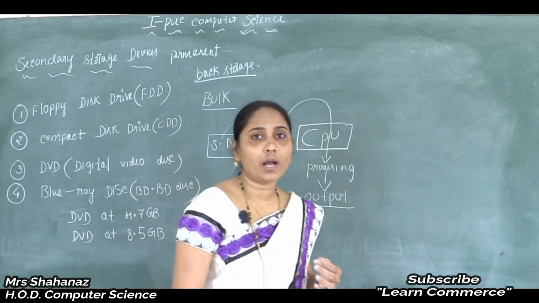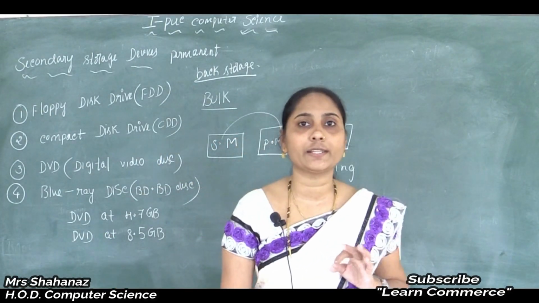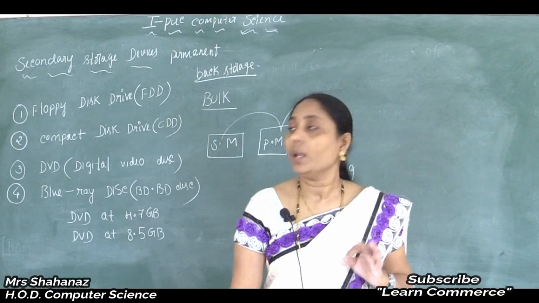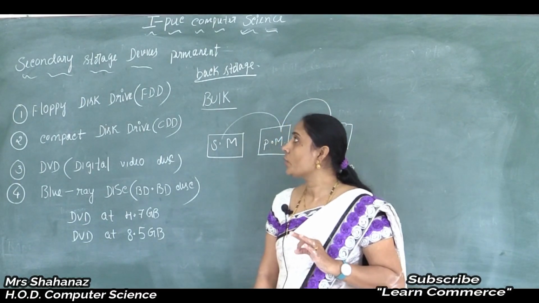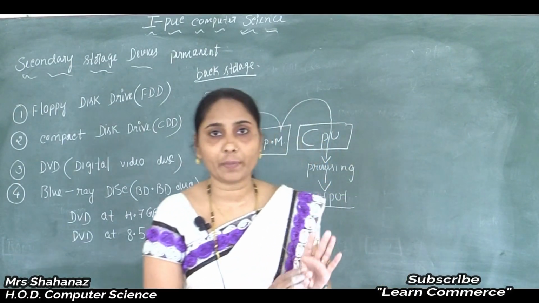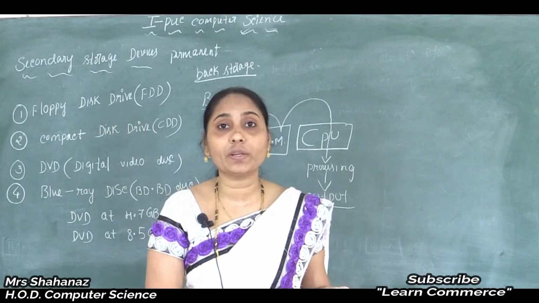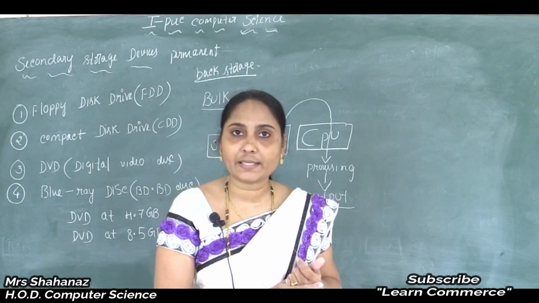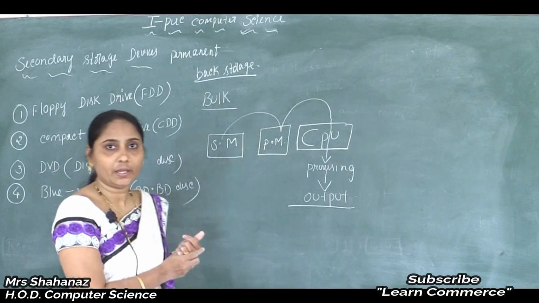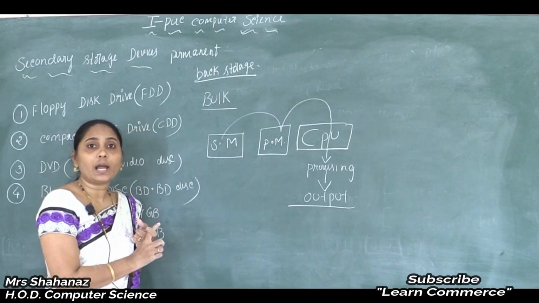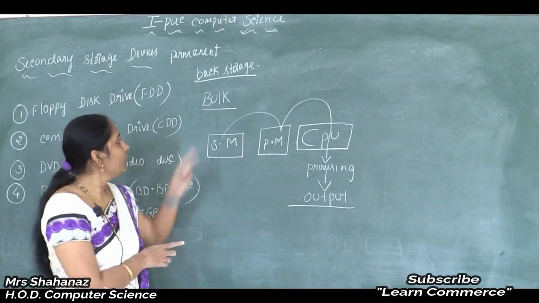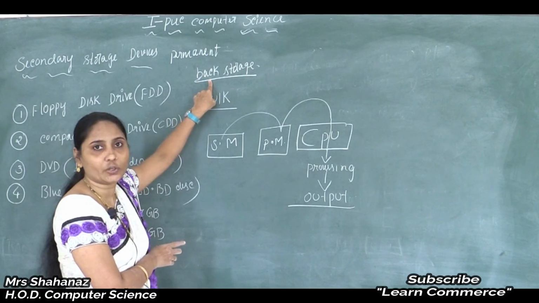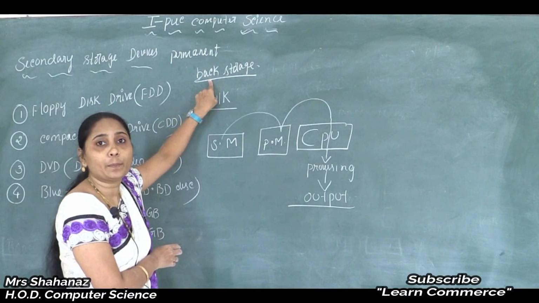Now the last touch to our secondary storage device. We can say that it is a permanent memory, it retains the information once stored on it, and it stores a large amount of information. The other name of the secondary storage device is backup storage.